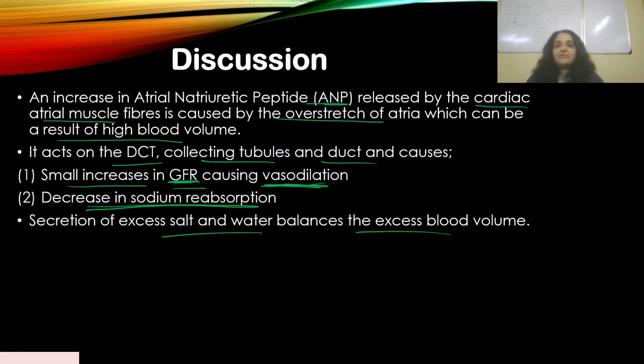We already have a lot of blood volume and the blood pressure is high, so this has to cause diuresis. Because of this there are small increases in GFR causing vasodilation, and this decreases the sodium reabsorption. All right, I hope this was clear. Let's move on to the next one.